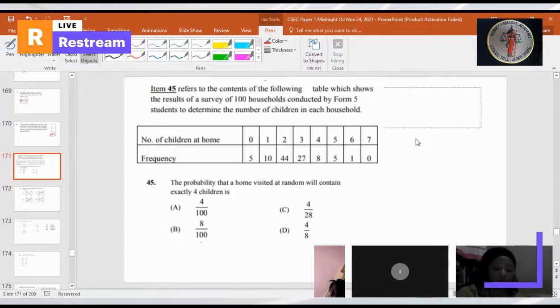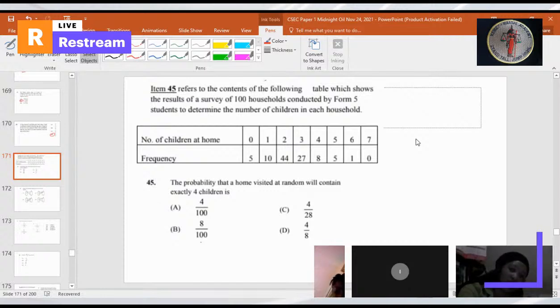27 plus frequency. So in total there are 100 households, and the probability that there are 4 children is the frequency of the 4 children over the full 100.